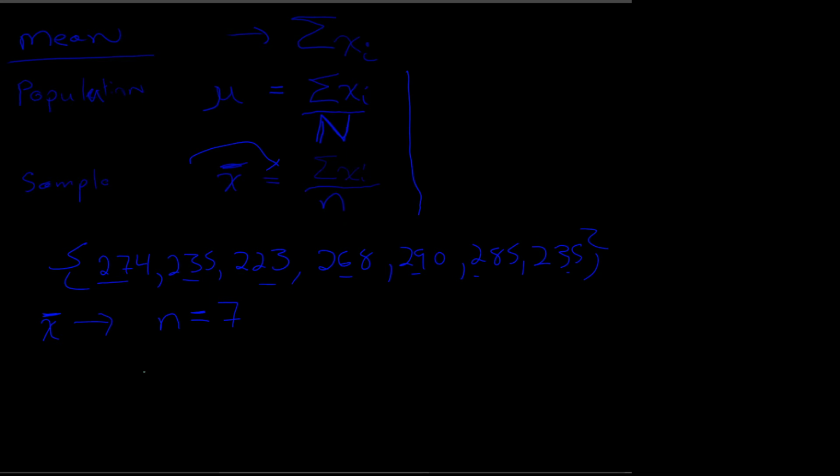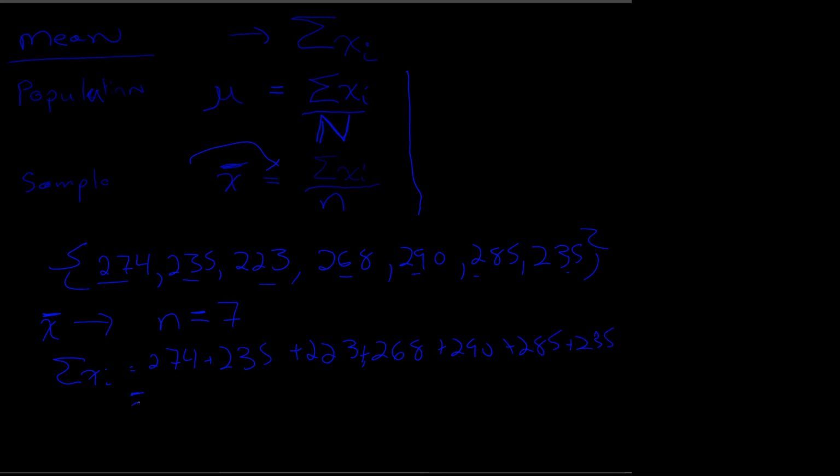So I run over to my calculator and add up 274 plus 235. So the sigma of x_i equals 274 plus 235 plus 223 plus 268 plus 290 plus 285 plus 235.